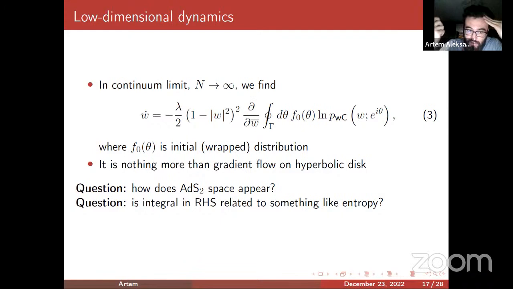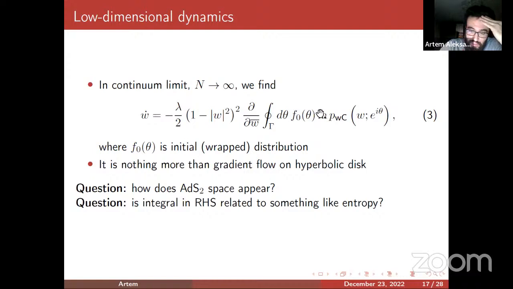And we ask, how does hyperbolic space appear? And the second question is whether the integral on the right-hand side of this equation is related to something like entropy, because we have a quite interesting structure. It is very similar to entropy, and to informational entropy.